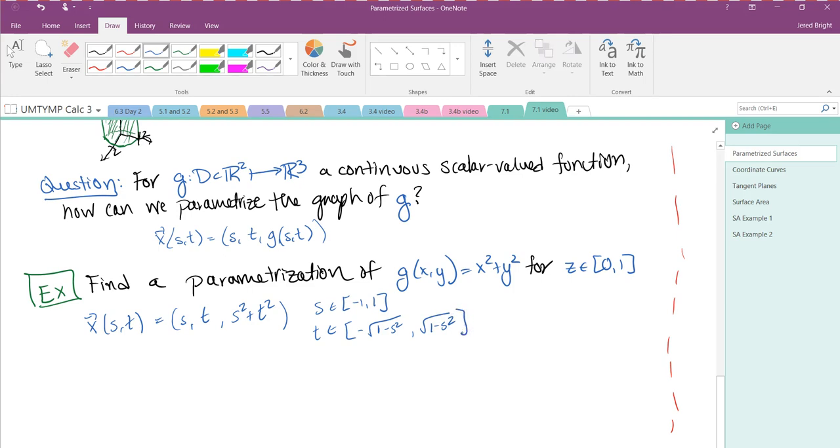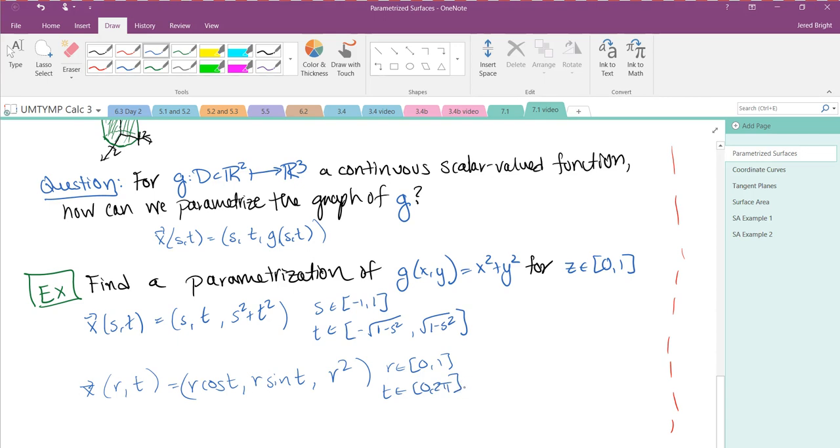Okay, so this is one way to parameterize it. You could also maybe use a familiar r and t, and use polar to parameterize this: r cosine t, r sine t. And then for the third component, it'd just be r squared. And then you can say this actually ends up working out a little bit nicer: r is within 0 to 1, and then t is within 0 to 2 pi.